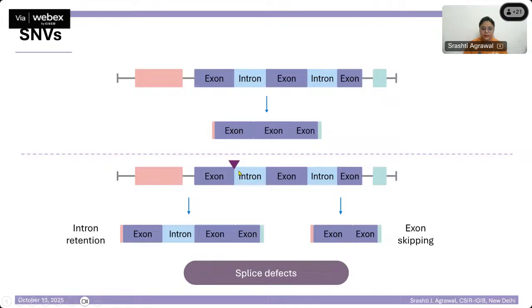So, for example, if a mutation occurs in this exon-intron boundary and in the motif that defines the splicing, where the splicing occurs, then it might lead to either intron retention in the mature mRNA or exon skipping in the mature mRNA. And this might lead to a shift of the frame or incomplete protein forming, or maybe just insertion of a stop codon. So these are called splice effects.